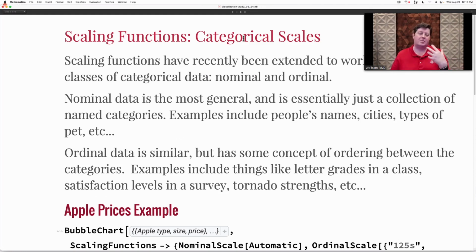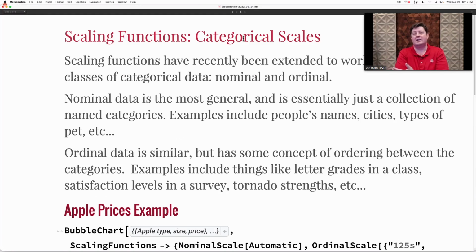So it might be people's names, it might be locations, it could be models of a car, or companies in a city, or offices in a company, types of fruit, all these different types of things that you might have lying around as a named type of thing. And ordinal scale is very similar.